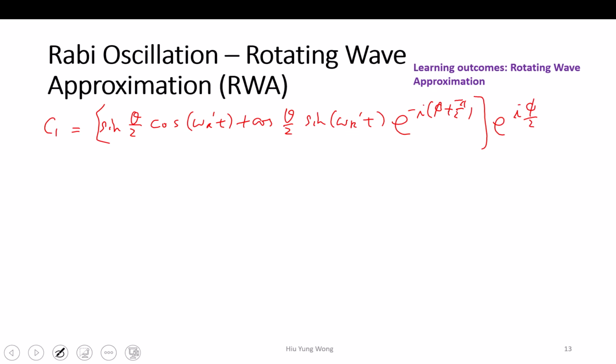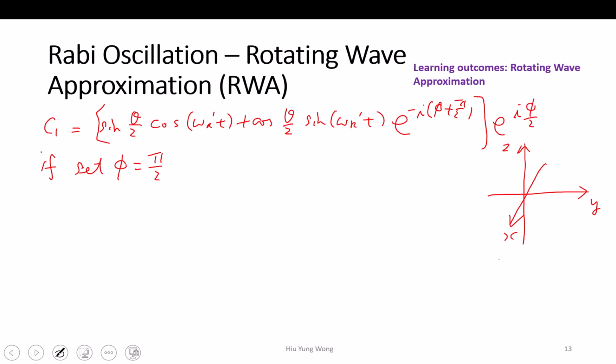Now, if I set phi equal to pi over 2, what does it mean? When I say phi equal to pi over 2, I have this is y, this is x, and this is z in the Bloch sphere, and also in the real 3D space.